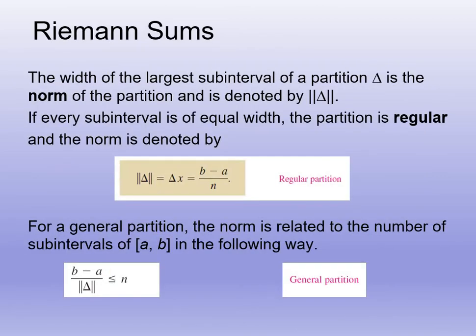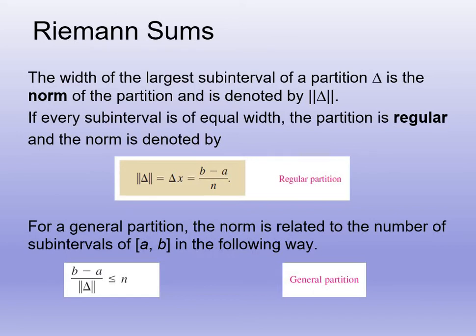So when we define the Riemann sums, we have to find the width of the largest subinterval on that partition delta, because remember, they're not all going to be the same. When we do this, we have what we call the norm. See the two parallel lines with the delta in between? That signifies the norm.